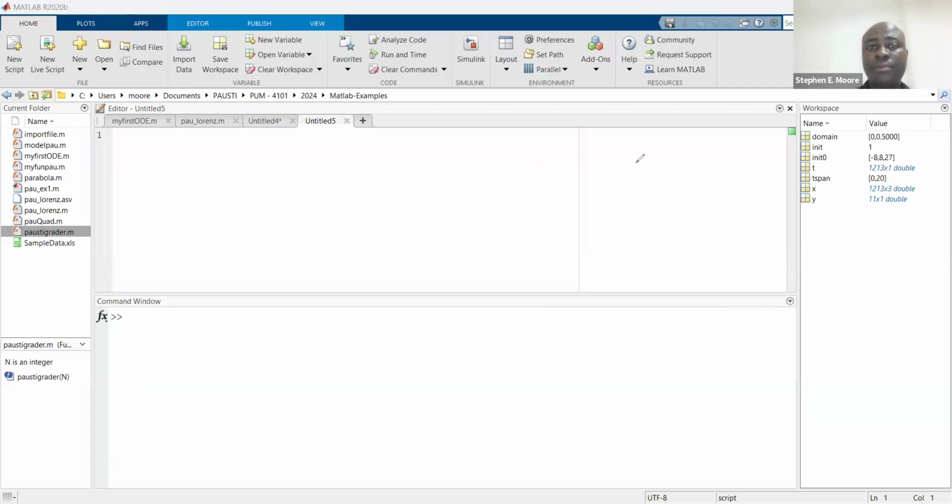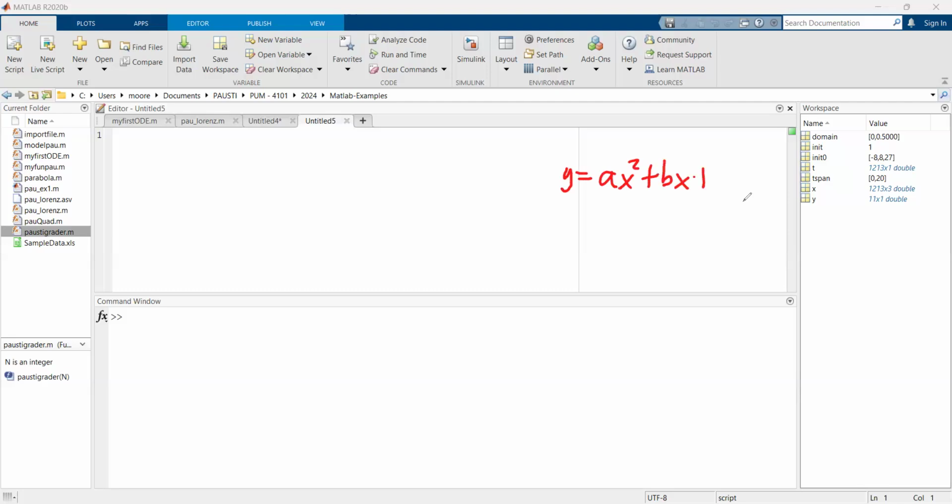Basically, that means we want to solve a problem of the nature, let's say y is equal to some ax squared plus bx plus c. So let's just say this is a problem that we want to solve. Of course, we know that the parameters here are a, b, and c.